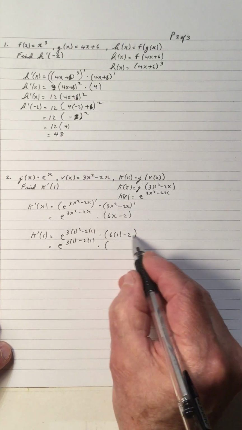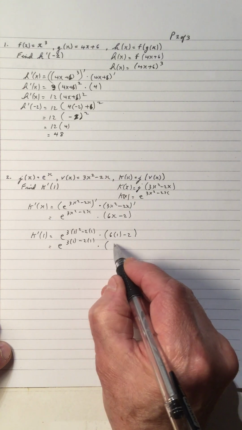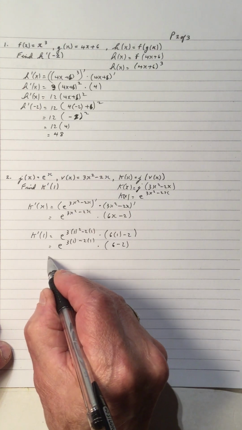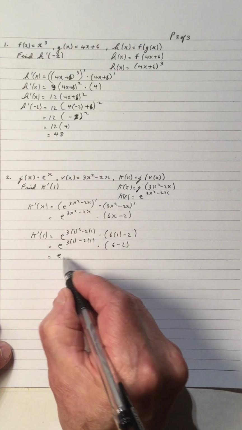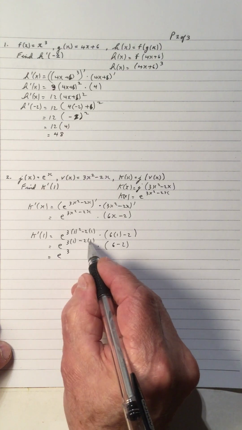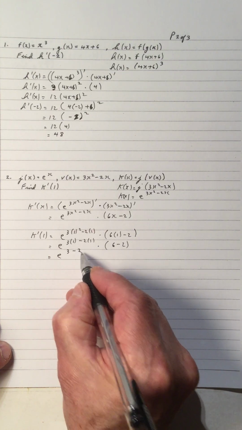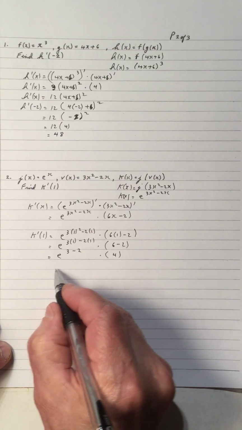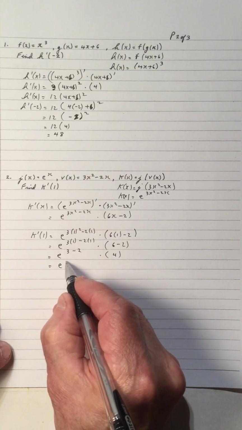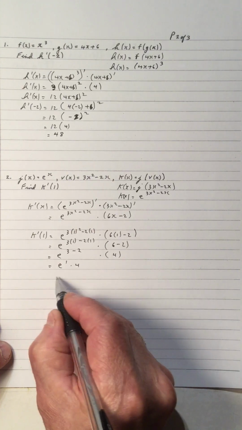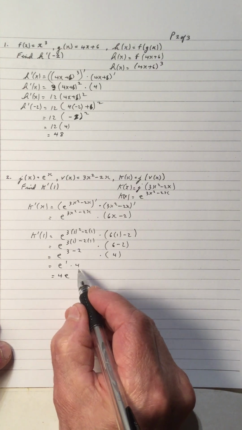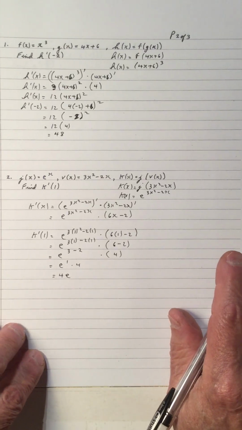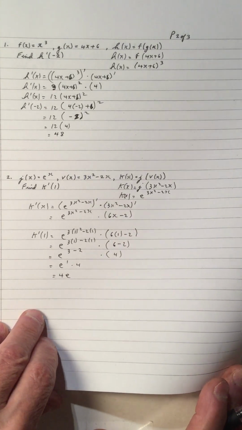We do multiplication before subtraction, so that's 3 minus 2, which is 1. And we simplify inside the bracket to get a 4. So that gives us e to the 1 times 4. So it's 4e. The derivative works out to be 4e for this complex function using the chain rule.